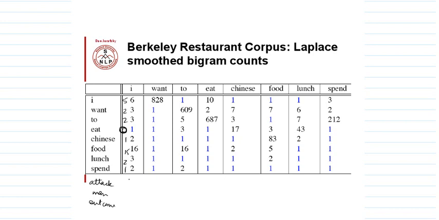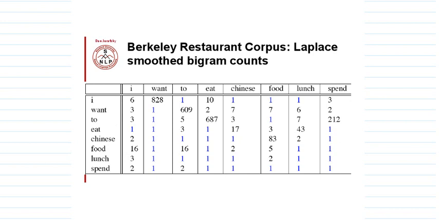So I will add these as ones. Initially it was zeros, and now my new count will be again the original one plus all the new vocabulary, right? So in this way we can change this original formula.